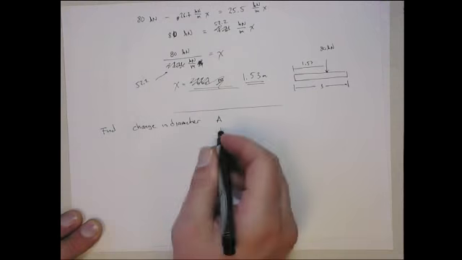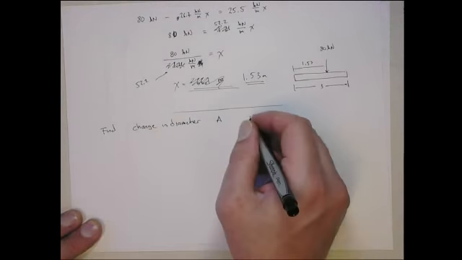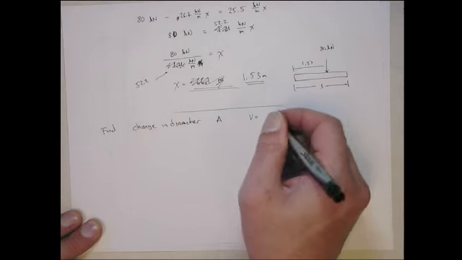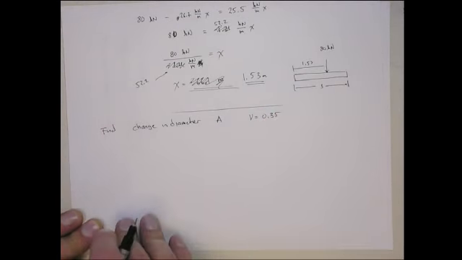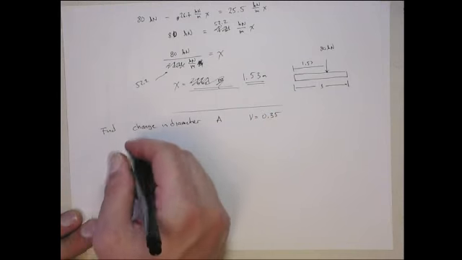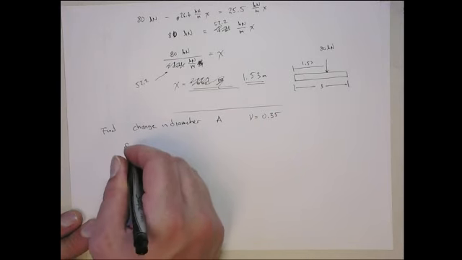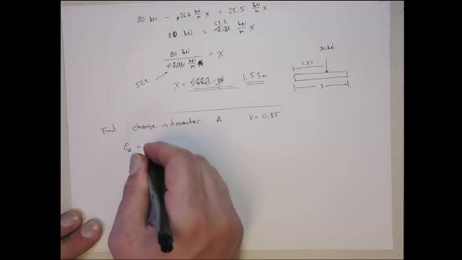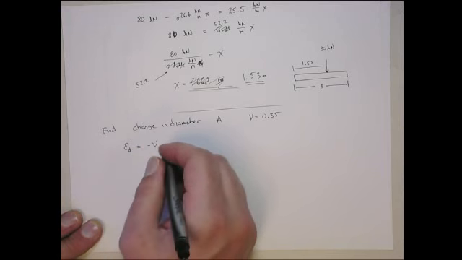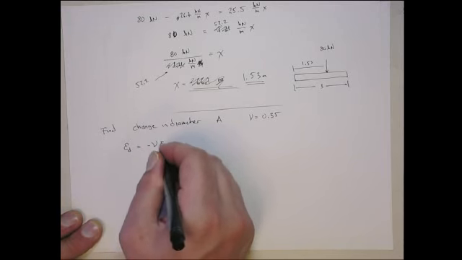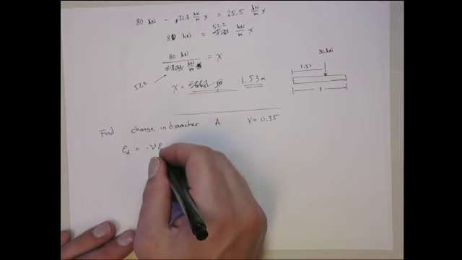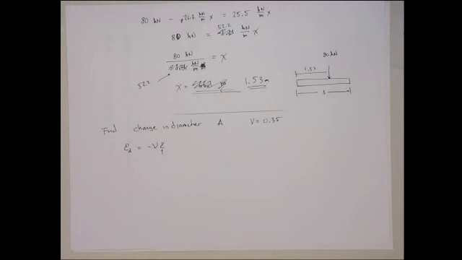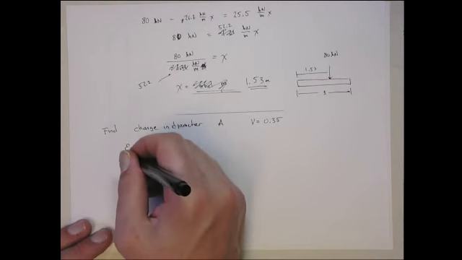So to find the change in diameter of A, and it tells you for aluminum, Poisson's ratio is 0.35. So the diametric strain is equal to minus the Poisson's ratio times the longitudinal strain. So we will have to go and find this in element A. Then we'll be able to find this.